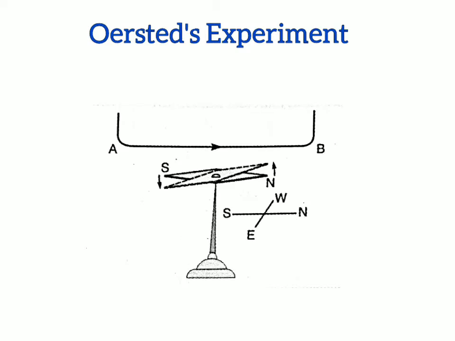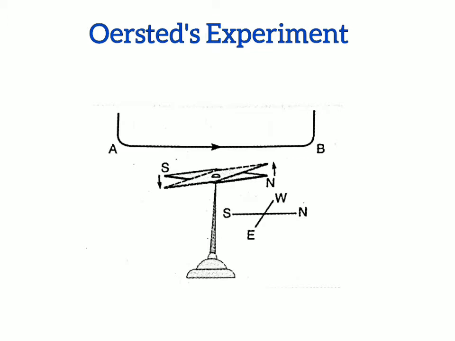Now I will tell you about Oersted's experiment. In 1820, a Danish scientist named Oersted discovered the magnetic effect of electric current. So Oersted found that when a wire AB carrying current was held over a magnetic needle NS, such that electric current passed from the end A of the wire to the end B, which is shown in the figure, the north pole of the needle got deflected towards west, that is into the paper.